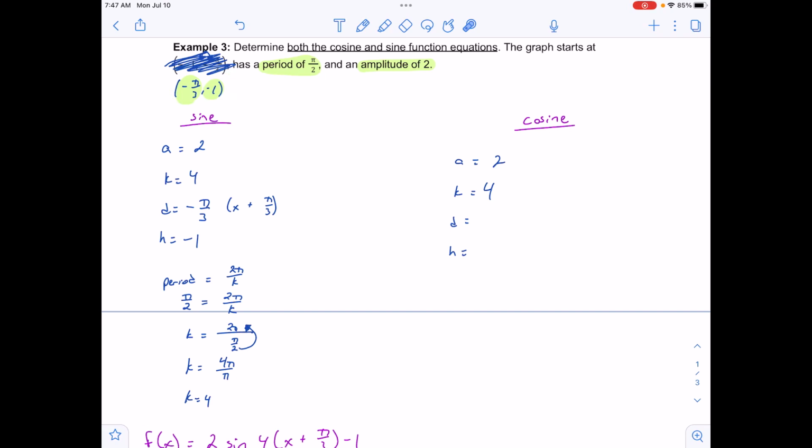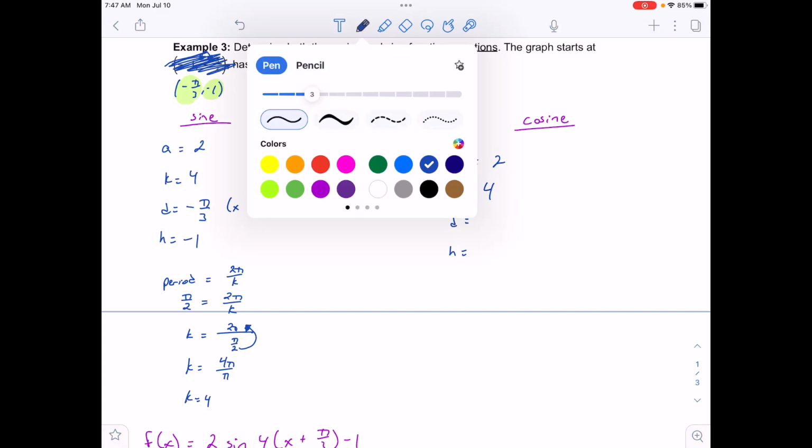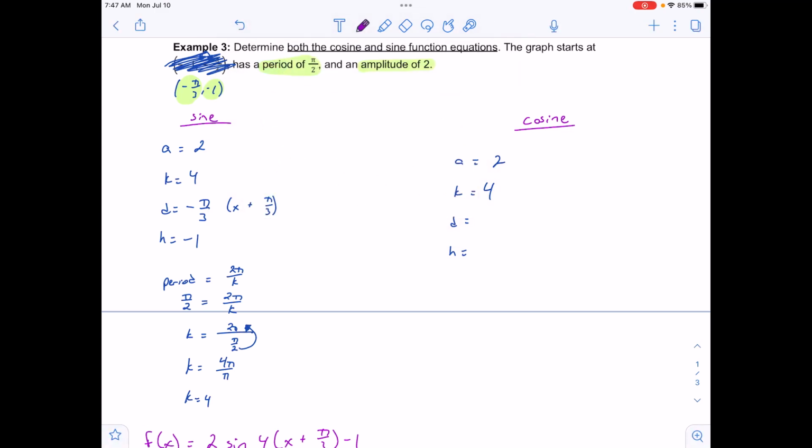And this is a positive cosine function. And so it is going to actually start at the maximum and go down to the minimum. Our horizontal shift is going to remain the same. It doesn't matter that we're starting at the max versus with sine where we're starting at the midline. Horizontal shift will be consistent. So my d value is going to be consistent here at negative pi by 3. I'm still going to be writing x plus pi by 3.